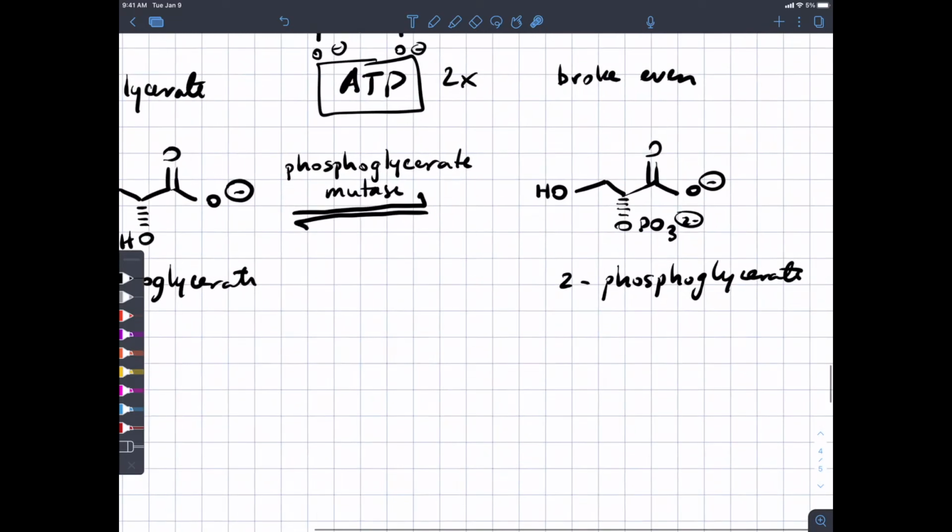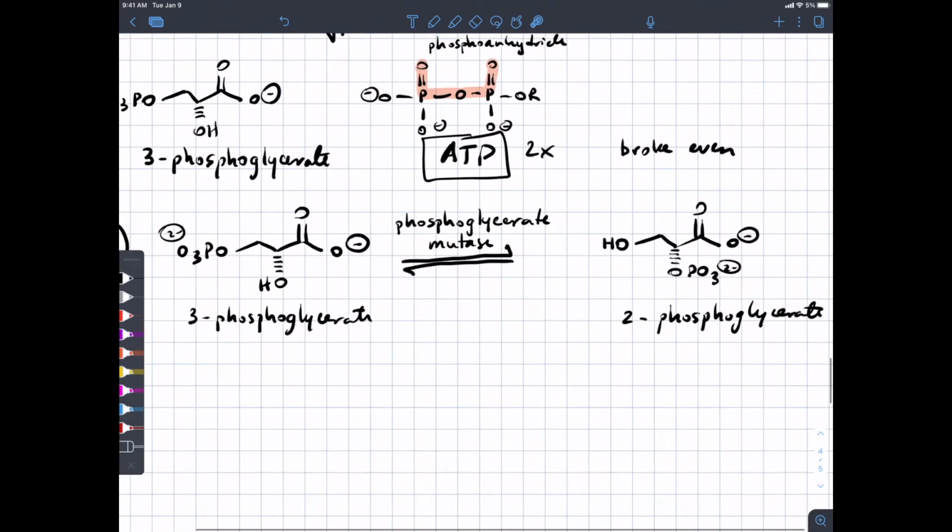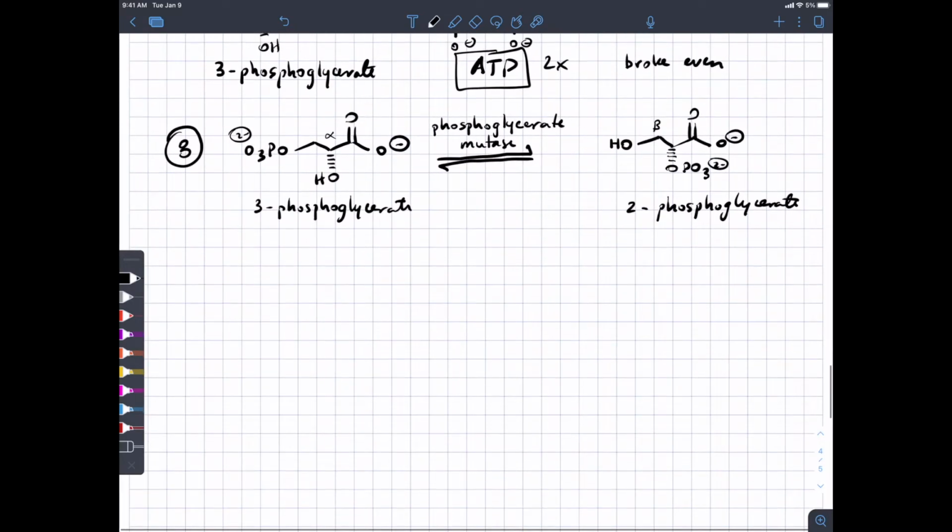Now, doing that converts an alpha hydroxy acid into a beta hydroxy acid. And so it should be unsurprising. Oh, sorry, I should have told you the free energy for that mutase step is, again, basically reversible.